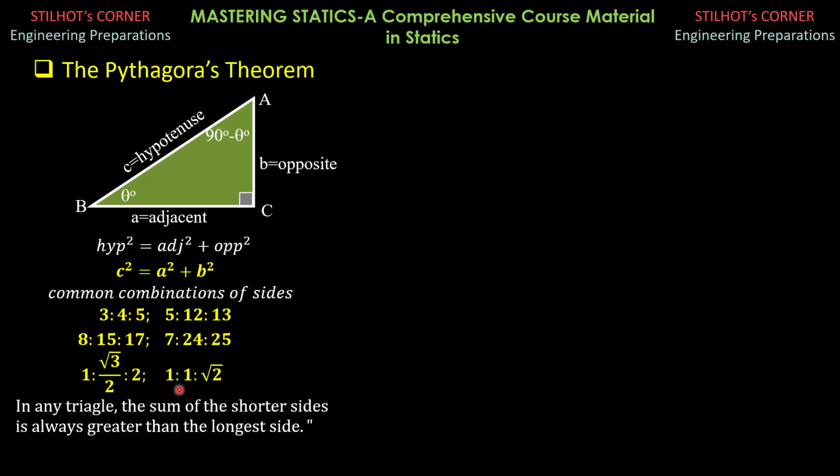So 1 plus 1 is also greater than square root of 2. 7 plus 24, 31, is greater than 25, and so on and so forth. So that's the thing that you should also remember. In other words, adjacent side plus opposite side should be greater than the hypotenuse.